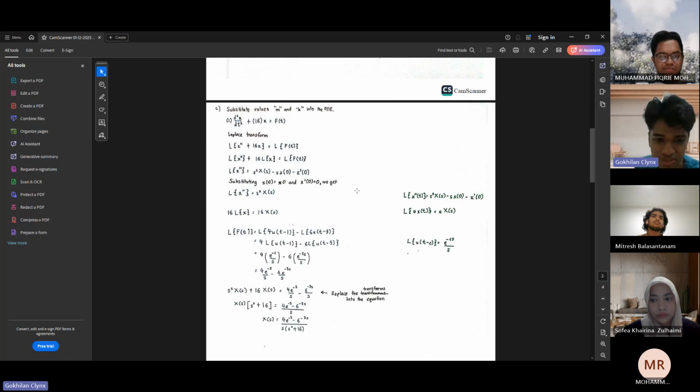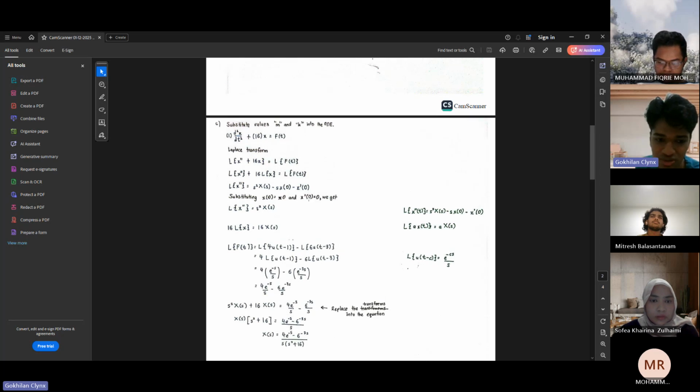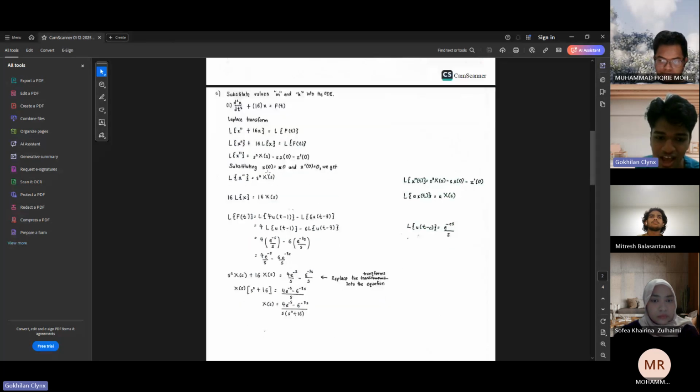And then we substitute the initial values where x at time 0 equal to 0 and x'(0) equal to 0. So we get only s²X(s) in the frequency domain. And then the second one, the Laplace transform of 16x equals 16X(s) in the frequency domain.